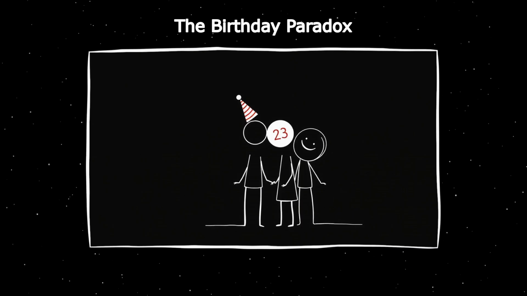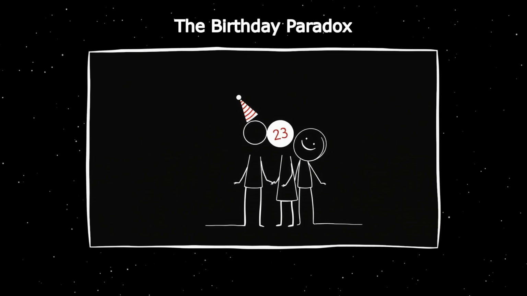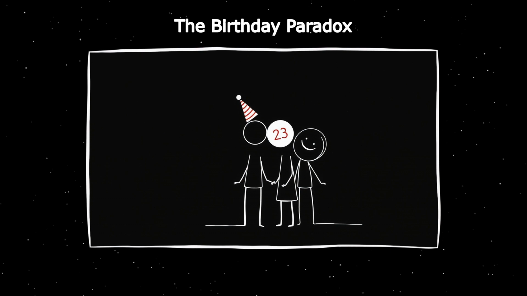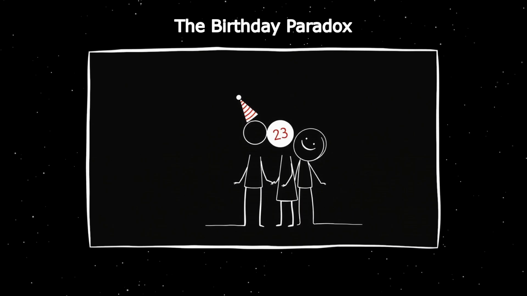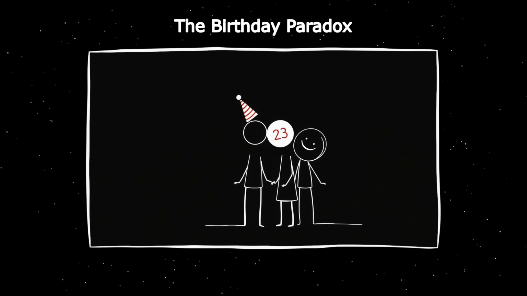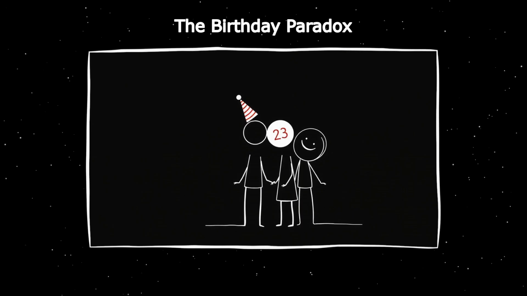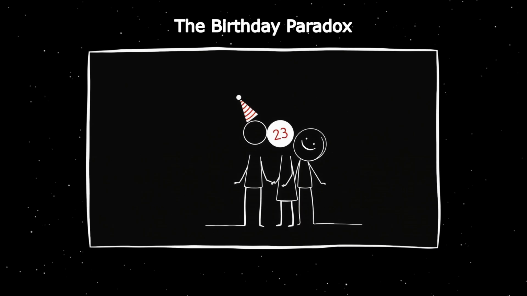You might expect these numbers to indicate how quickly the probability grows, but the increase is slow and subtle. However, as you continue adding more people to the group, the number of opportunities for shared birthdays increases dramatically. To visualize this concept, imagine each person having a colored ball that represents their birthday.